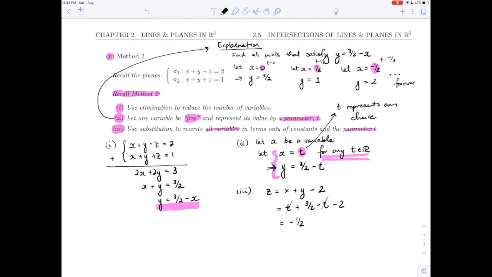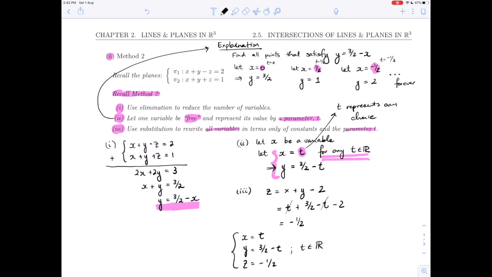Now a solution writes down the answer for all variables, right? x, y, and z equal, well, in terms of t, we have x is t, y is 3/2 minus t, and z is minus 1/2 for any value of t in R.